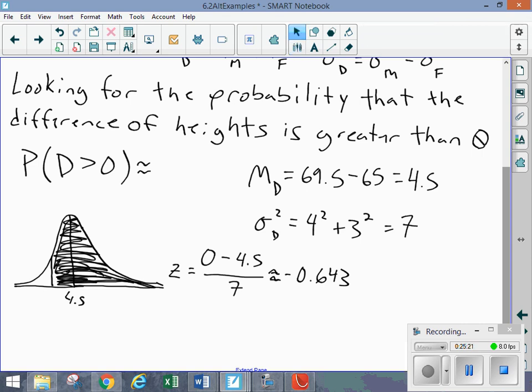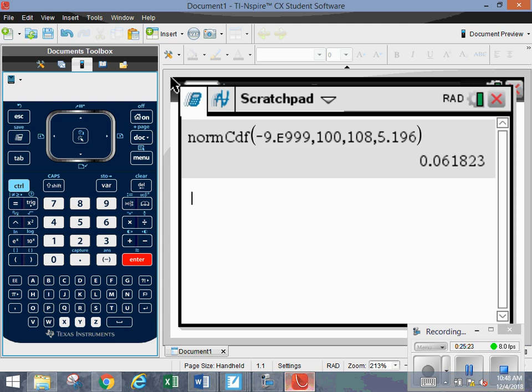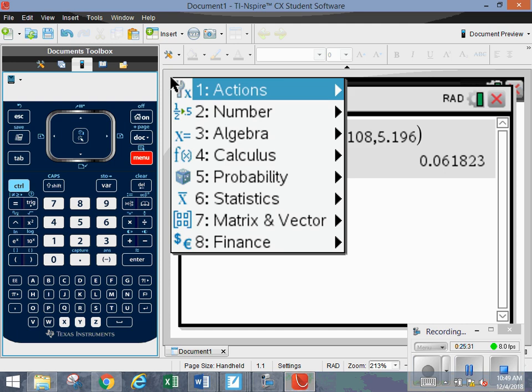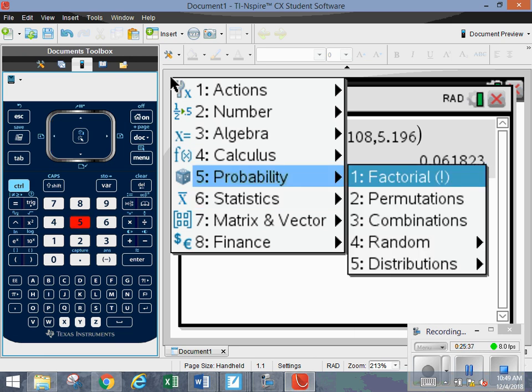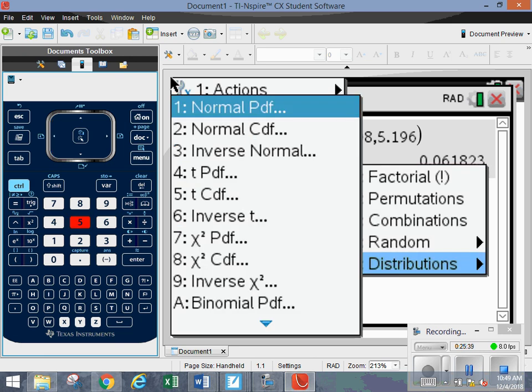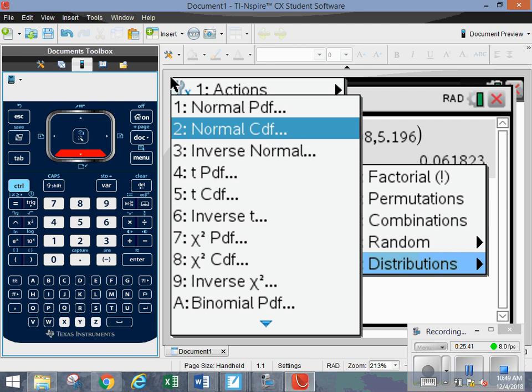Alright, so now we'll go to our TI Inspire and calculate this probability. So the menu. We don't want statistics, we want probability, then distributions, and then we need normal CDF.